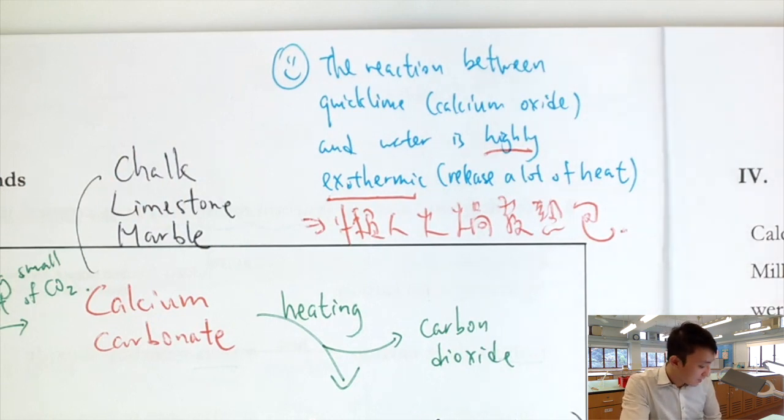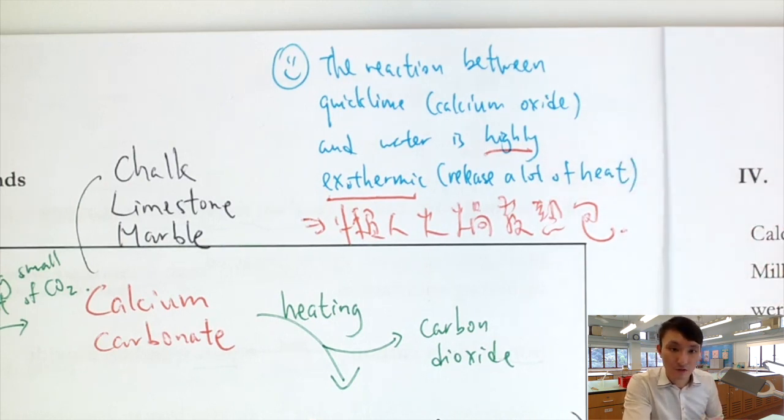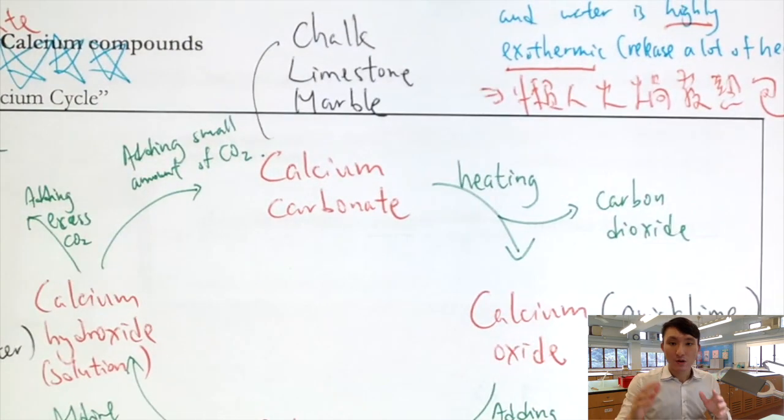Also you have to pay attention that calcium oxide is quite corrosive. So you never touch it with your bare hands. Okay. So that's it for the calcium cycle. Now the lesson doesn't stop here.